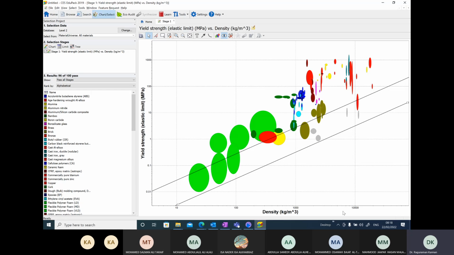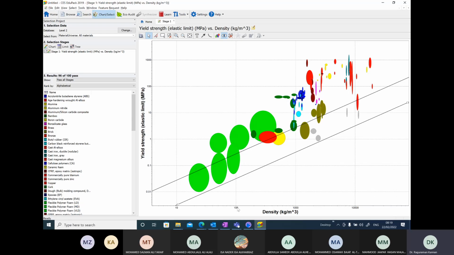On the x-axis, the absolute density values in kg per meter cube are given as 10 here, 100, 1000, 10,000. So the scaling here is logarithmic. However, the values are absolute values of density. So here the density value rho will be equal to 10 at this point.